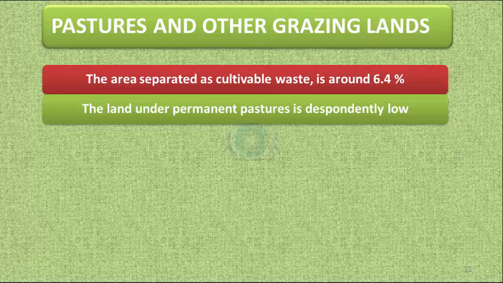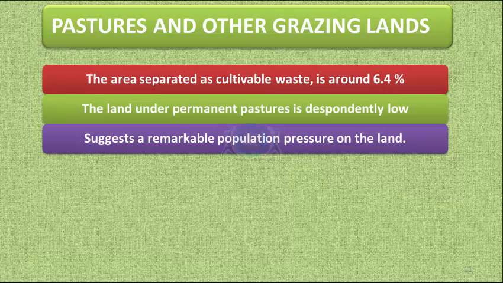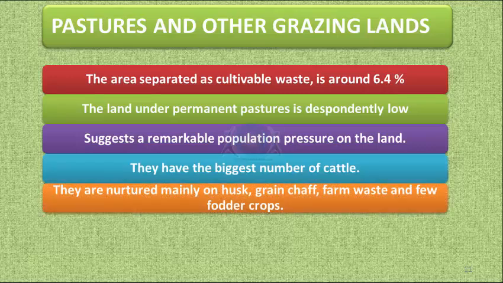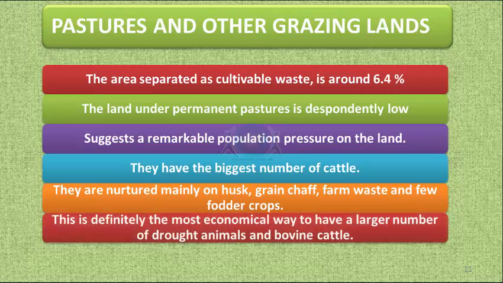The credit must be given to the farmers, because with such modest land under pastures, they have the biggest number of cattle, nurtured mainly on husk, grain chaff, farm waste and fodder crops. This is definitely the most economical way to have a large number of draught animals and bovine cattle. Areas that have been classed under forest are also used for cattle grazing.